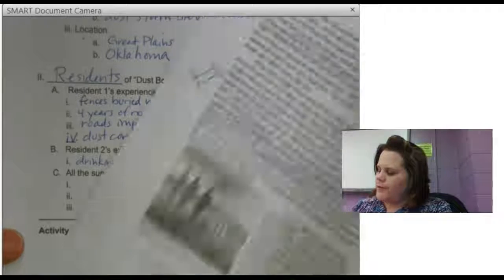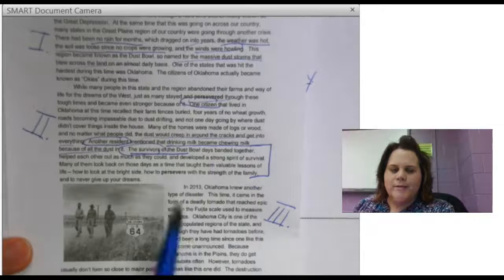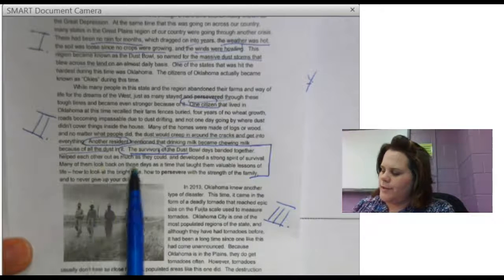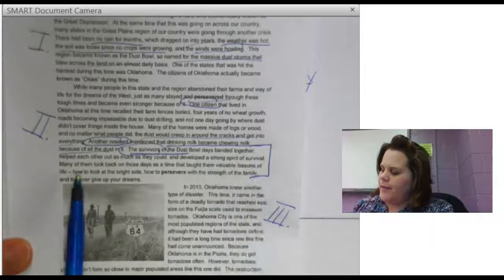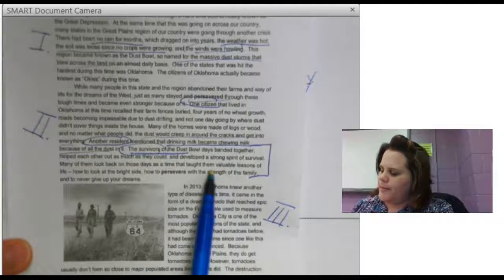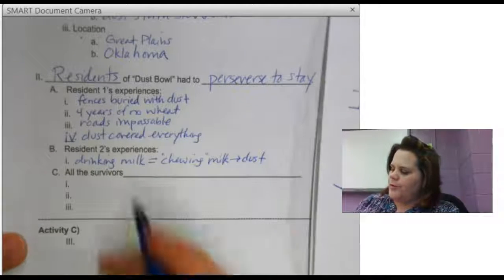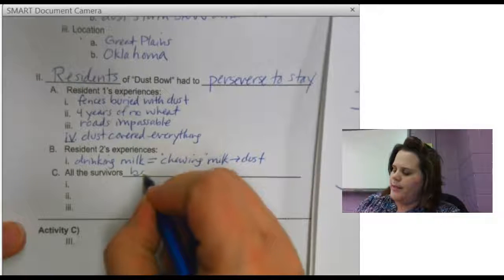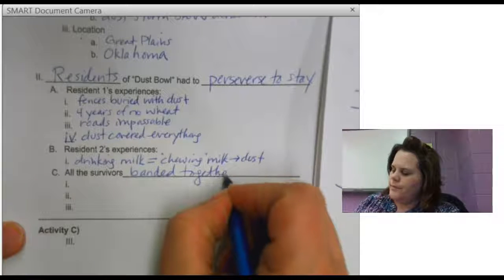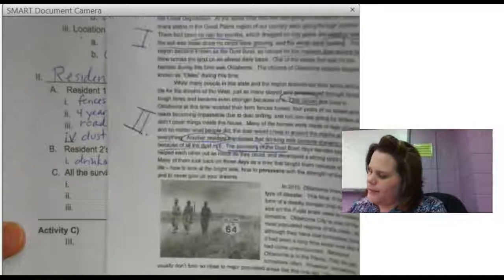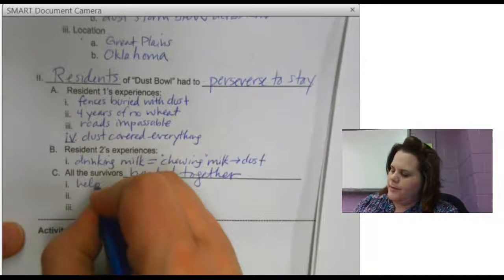All the survivors, and so the whole rest of this paragraph we talk about all the survivors, banded together, helped each other out as much as they could, and developed a strong spirit of survival. Many of them looked on at the time and taught them valuable lessons how to persevere. So all the survivors, we could say, banded together and give some details about that. They helped each other.